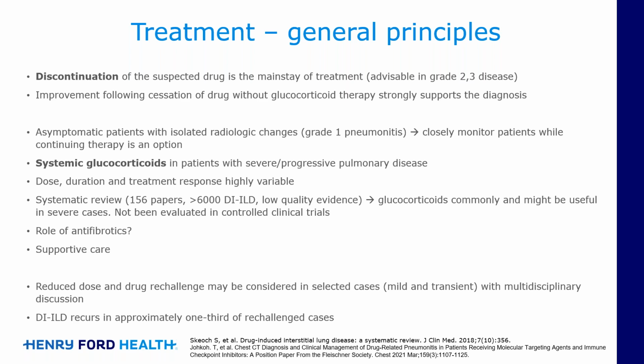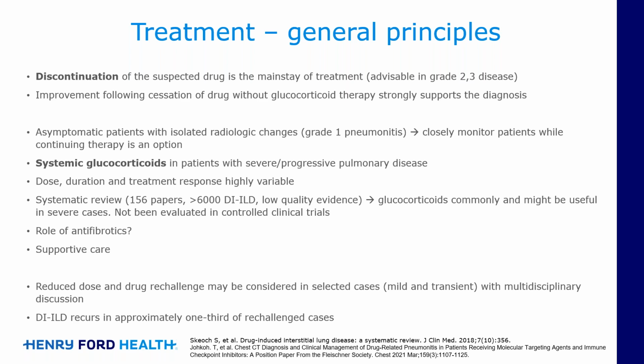There was a systematic review that looked at 156 papers and more than 6,000 patients with drug-induced ILD were evaluated, and the response to systemic steroids was reviewed, and their conclusion basically was steroids are commonly used, and they may be useful mostly in severe cases, and there have been no randomized controlled trials that have looked at this specifically.